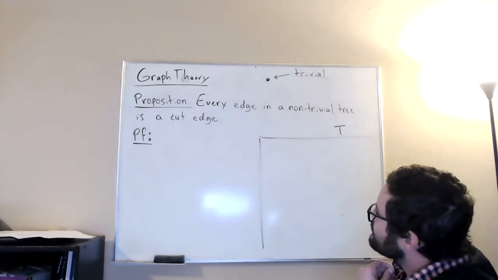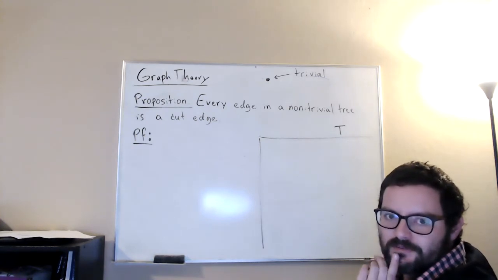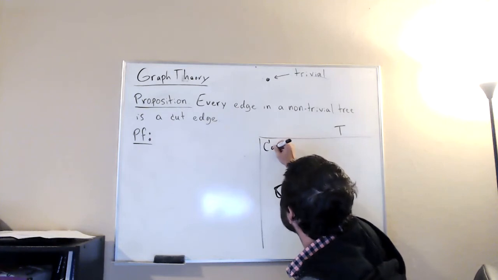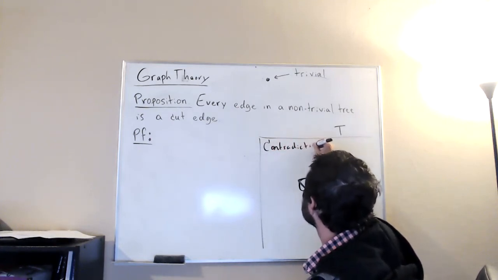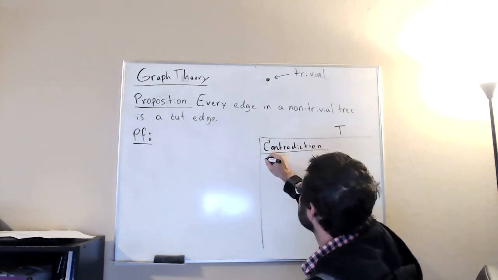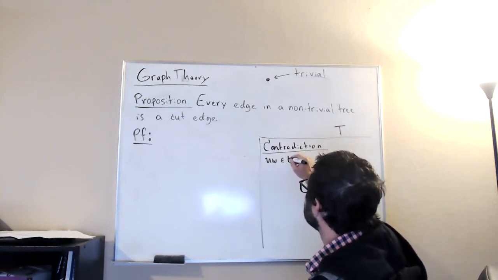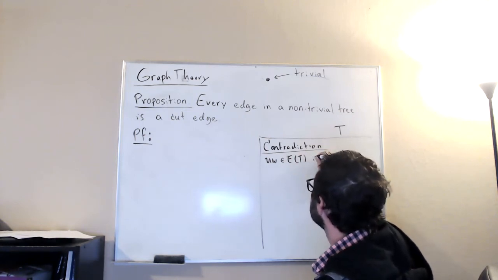Suppose by contradiction, this is my scratch work. So maybe UW in the edge set of T. Let's assume that that's not a cut edge.